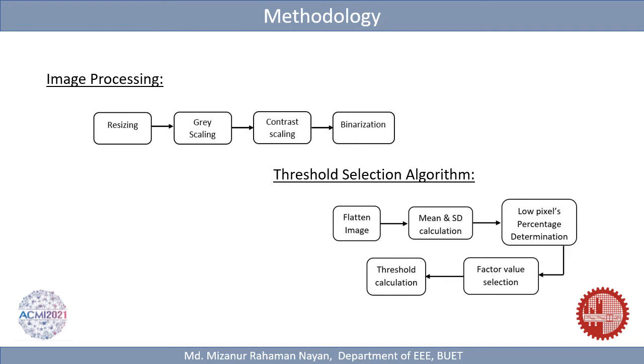Image is a 2D matrix. To select threshold, we first flatten the image and calculate the mean and standard deviation. From these two data, we calculate low pixel percentage, which represents the amount of significant pixel and noise quantity. If low pixel percentage is high, then it means the image is noisy.